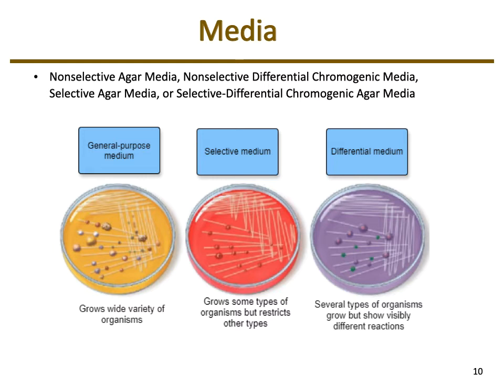The color it is, is its true color. Whereas if we're growing something on a differential media, the color it is is because of the media. So we can't really include that as a way to identify the microbes in general; we can only identify them by the color on that differential media.